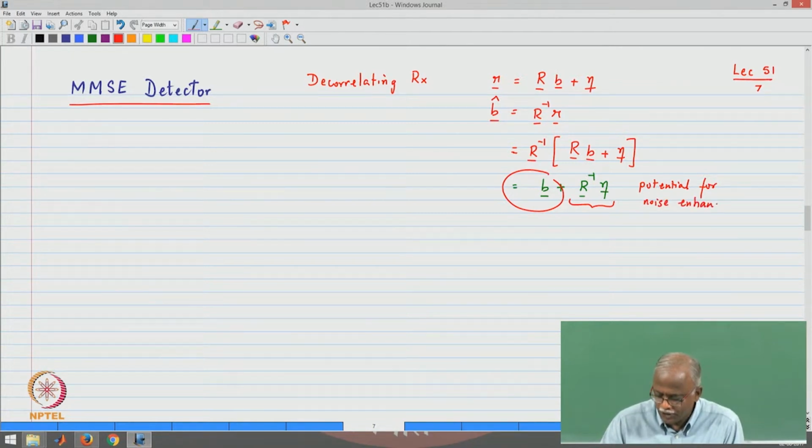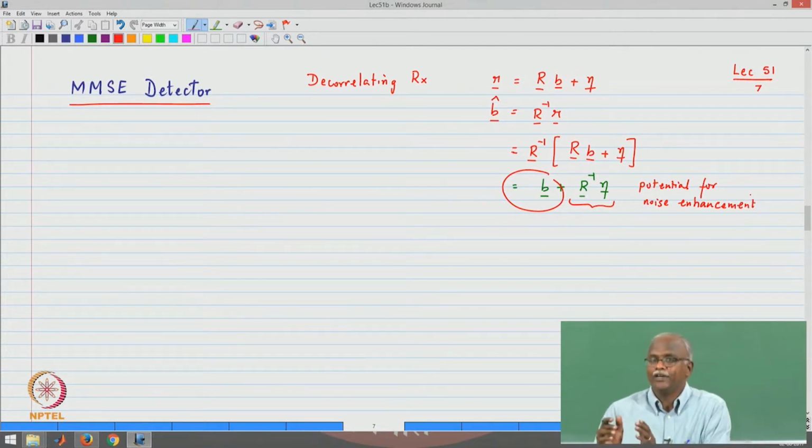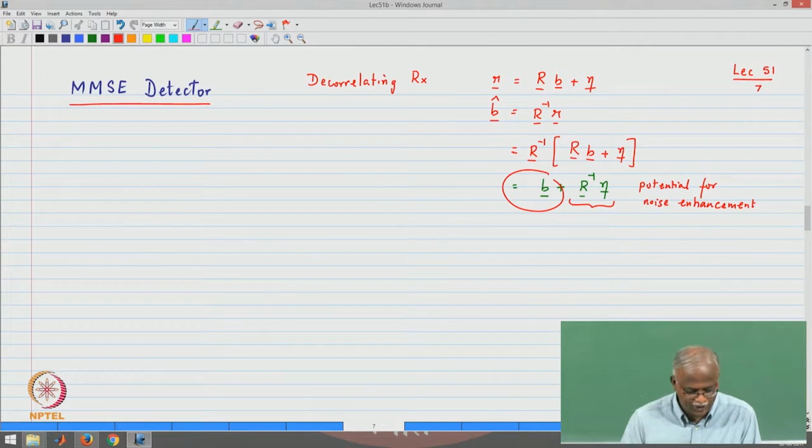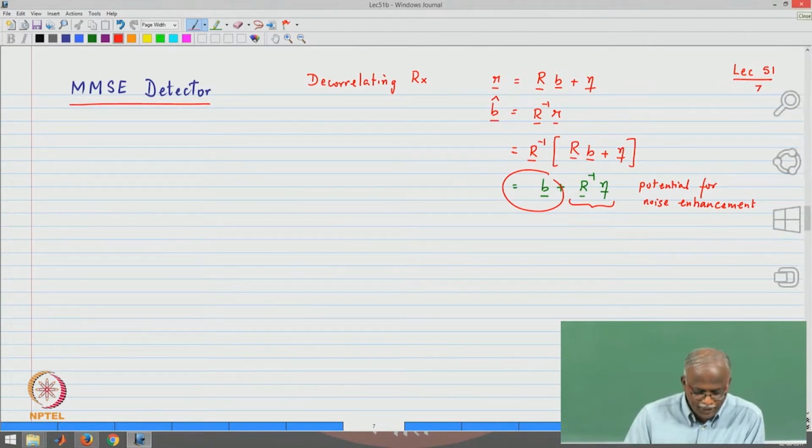Now, how would you formulate another receiver which takes into account the noise enhancement? This is where we would like to present the MMSE receiver.